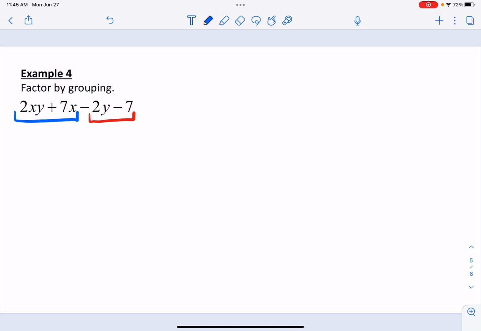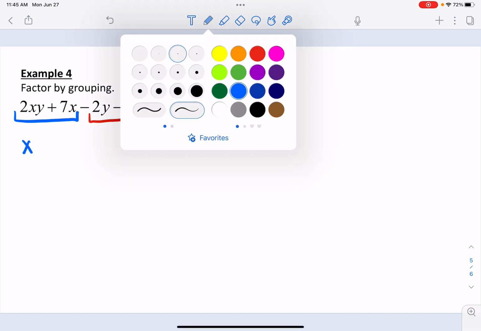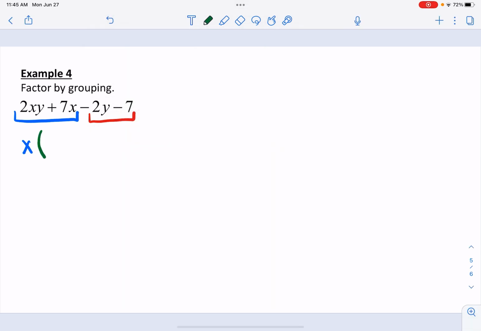So in these first 2 terms, what's common? Each one has an x. There's no commonalities between the numbers or the y's. So that's all I could factor out. So I'm left with a 2y plus 7.